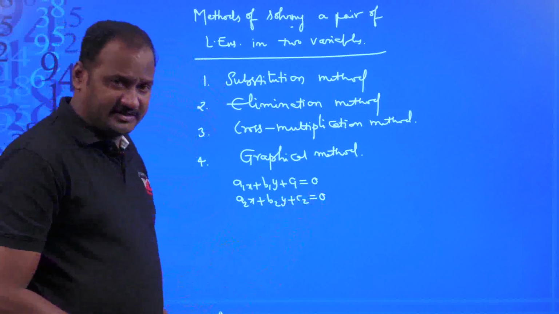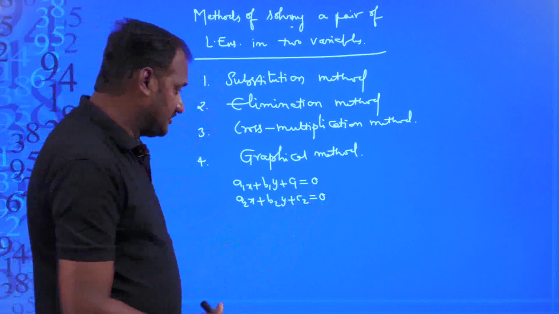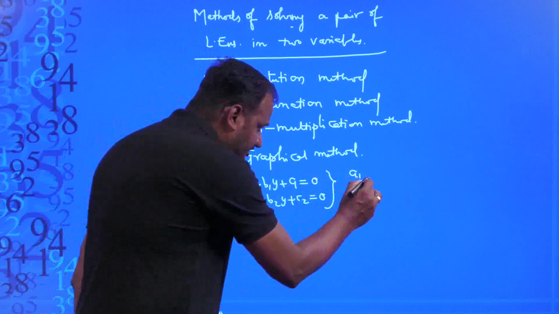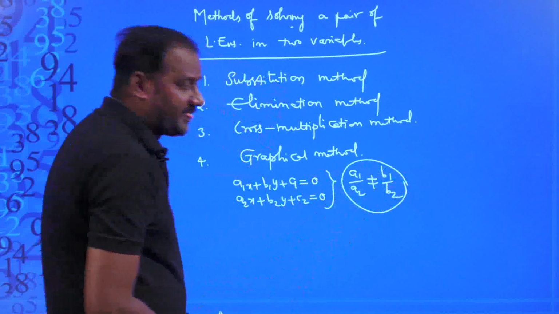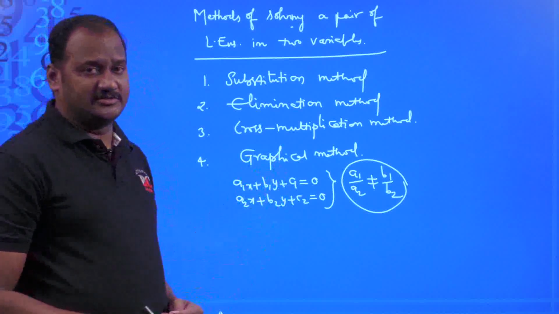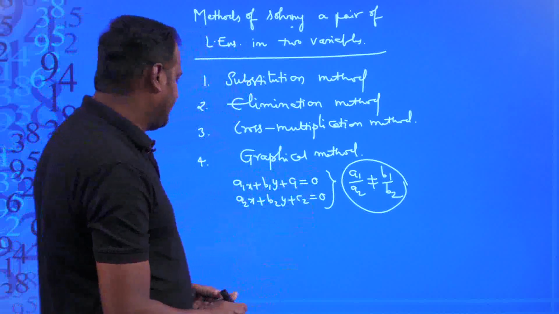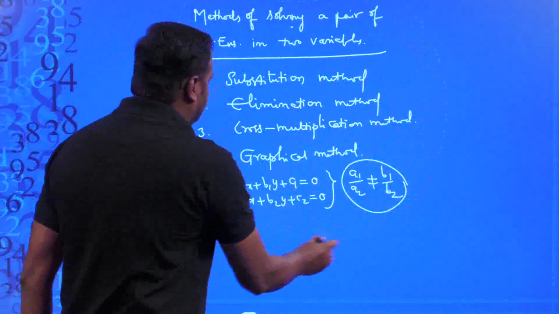These two, a pair of linear equations, are said to have a unique common solution only when a1 by a2 is not equal to b1 by b2. So, then only they have a unique common solution. So, before you find the common solution, you make sure that a1 by a2 is not equal to b1 by b2. Okay. Let us take one example and we will try to solve those linear equations in two variables by all these methods. Okay.